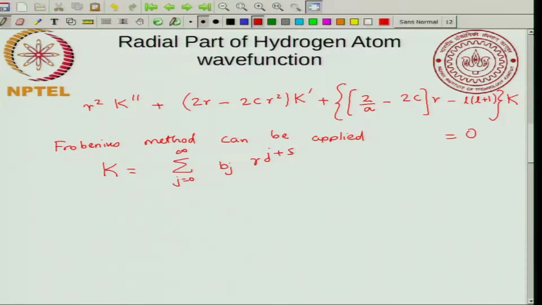So remember you had x raised to n plus v. This is the same thing. Instead of n I am using j, instead of v I am using s. The point is s is what is going to be determined by the indicial equation.